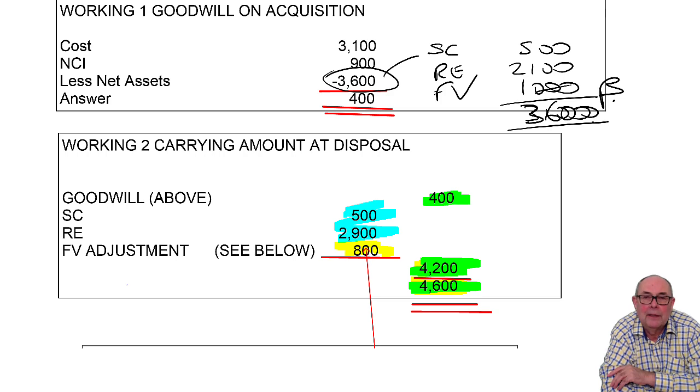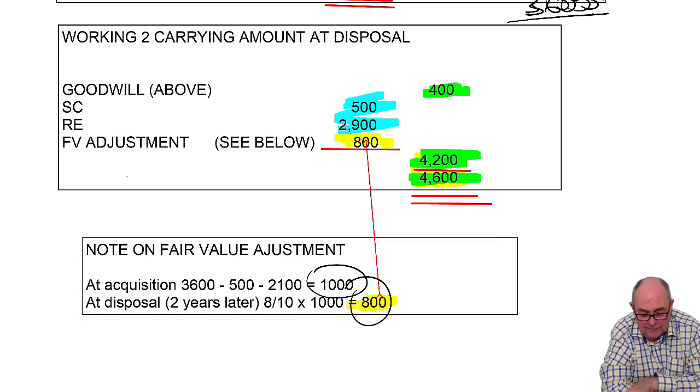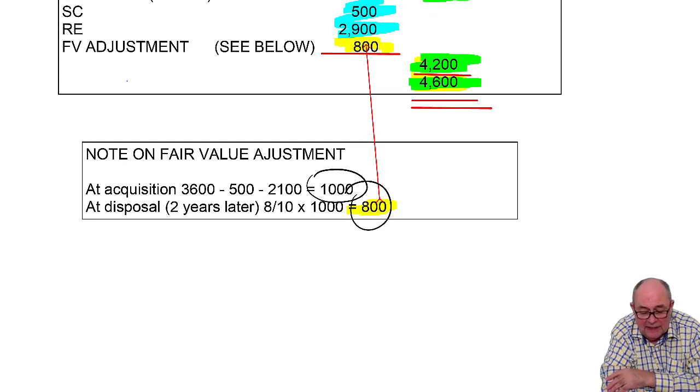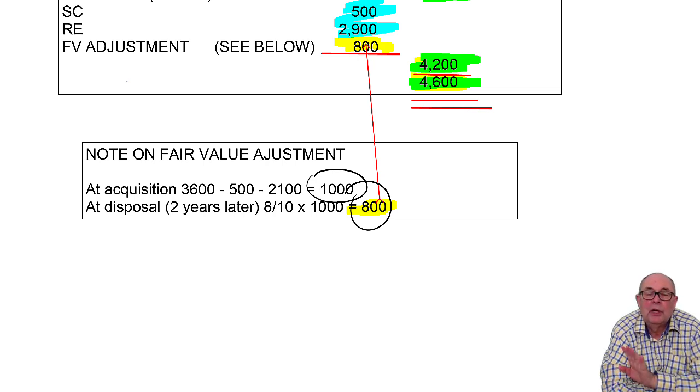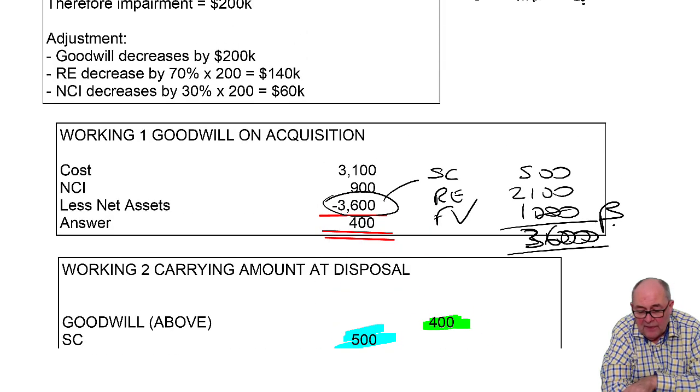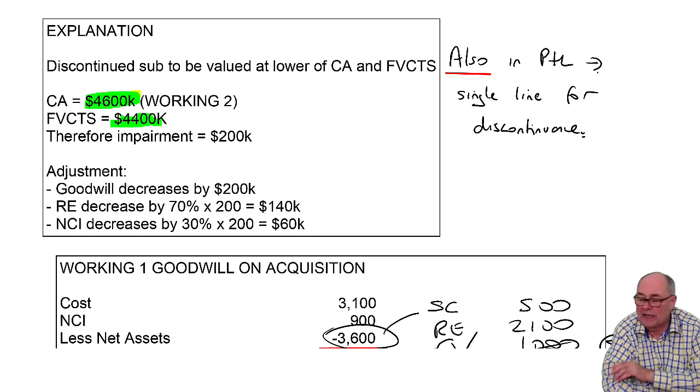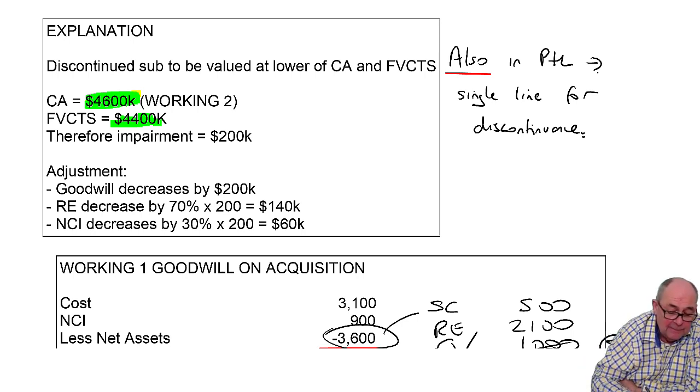Then here's that fair value adjustment again. So overall, it looks as if on the disposal there is an impairment of 200.